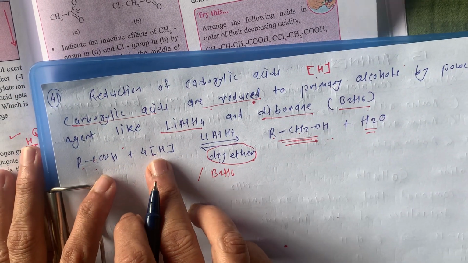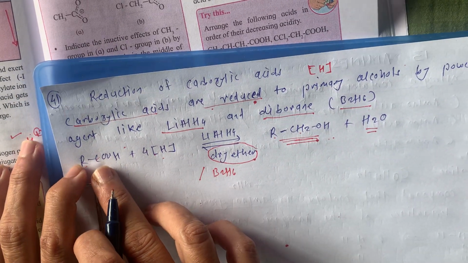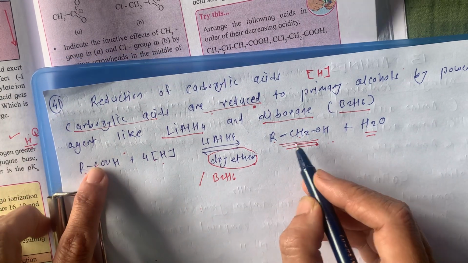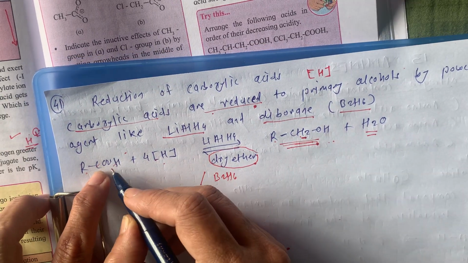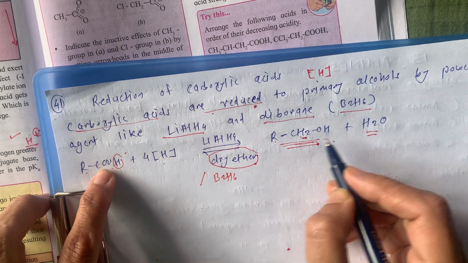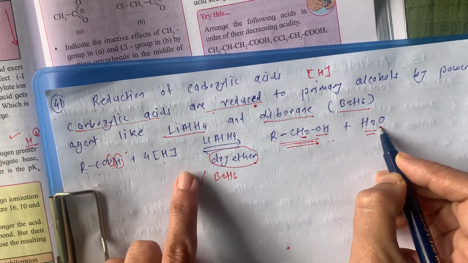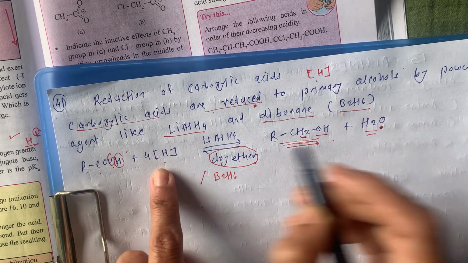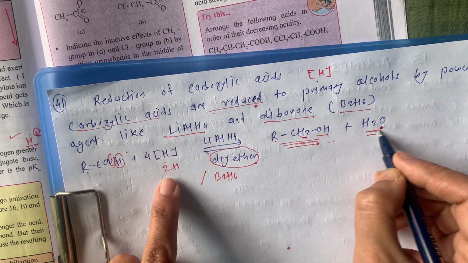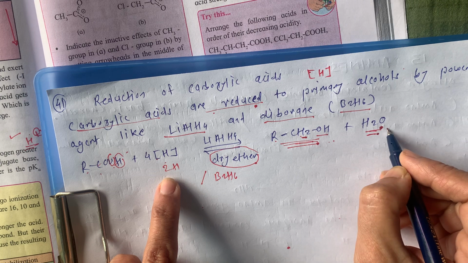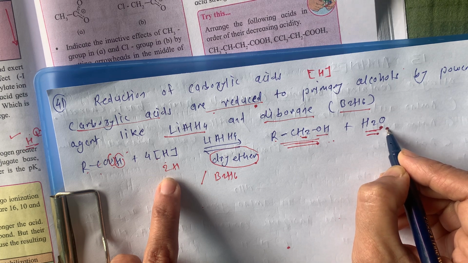See here, for these 4 hydrogens, 2 hydrogens attach over here, then already there is one H and then O is there. From this, one O is going to combine with 2 hydrogens from here, and there is formation of H2O, a water molecule, as a byproduct.